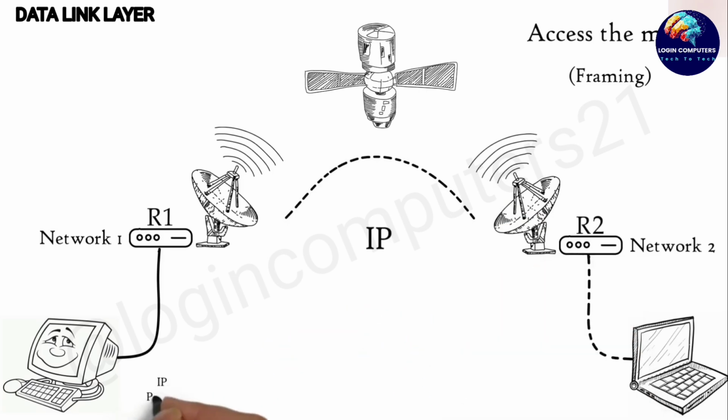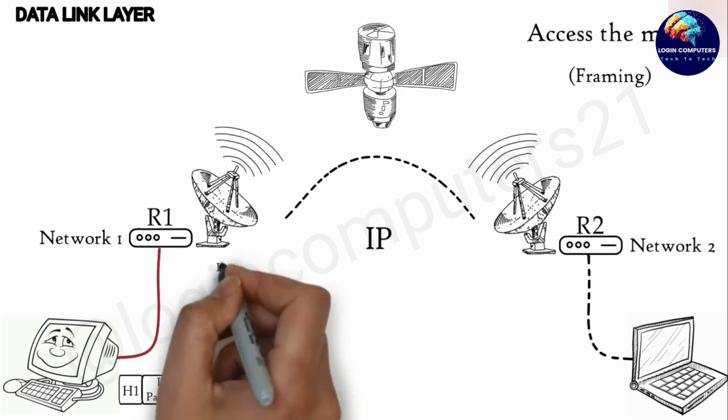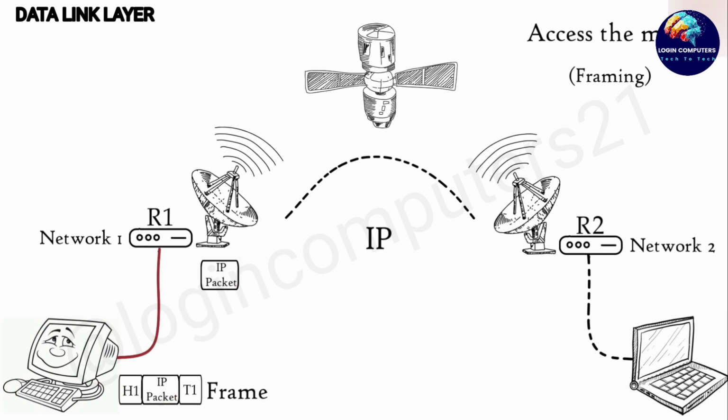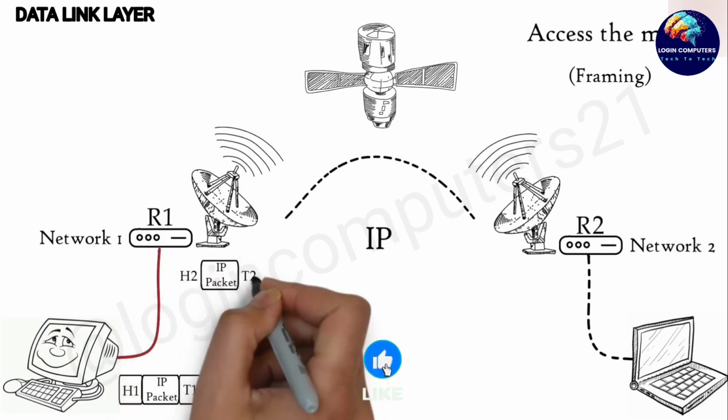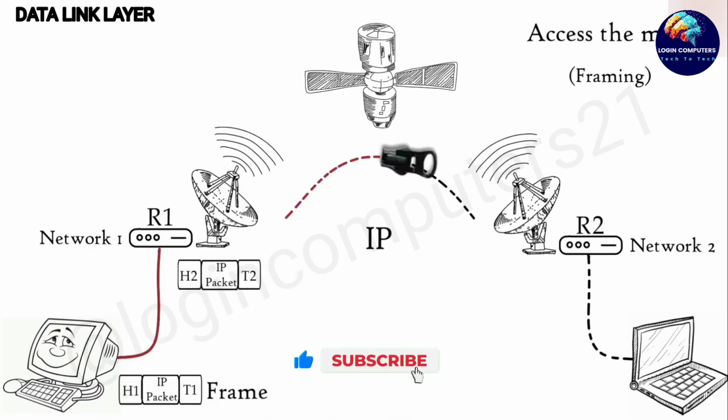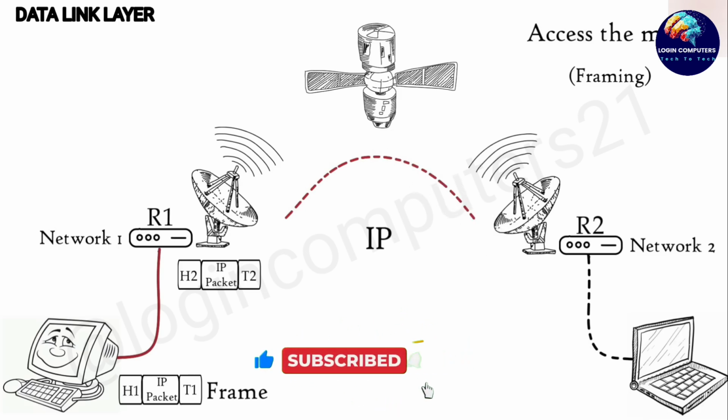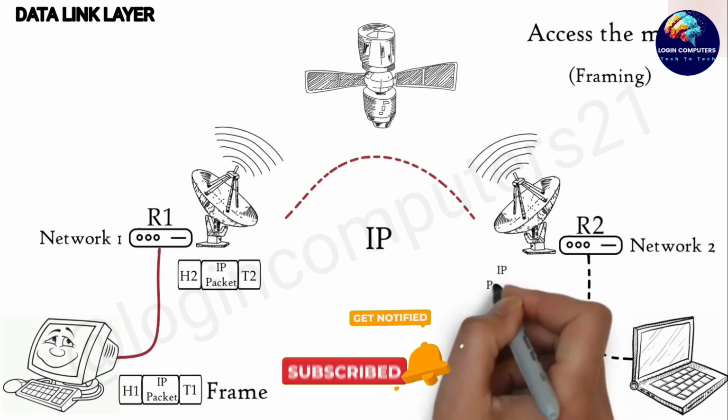Now the desktop wants to send some data to the laptop. Based on the medium used to connect the desktop and router R1, the data link layer, embedded as software in the NIC of the desktop, adds some data to the head and tail of the IP packet and converts it to a frame, an Ethernet frame in this case. Router R1 receives this Ethernet frame, decapsulates it to an IP packet, and then encapsulates it again into a frame so that it can cross the satellite link to reach router R2.